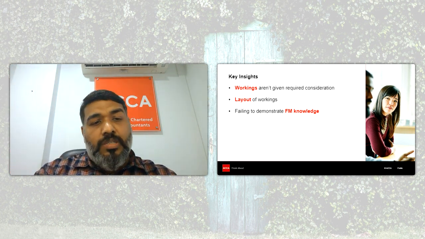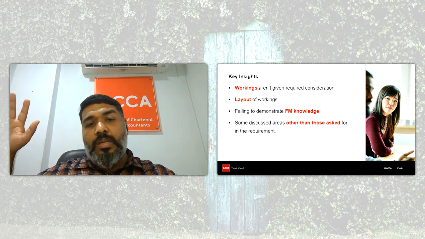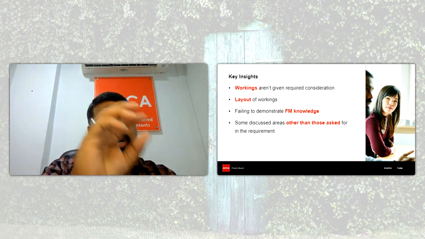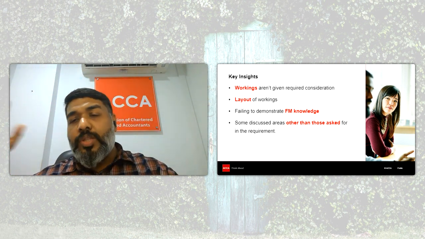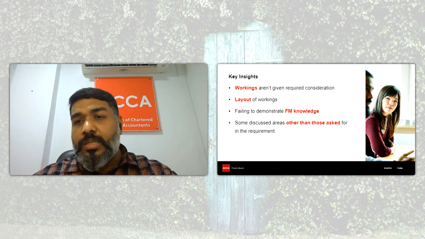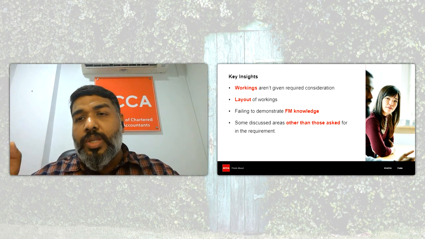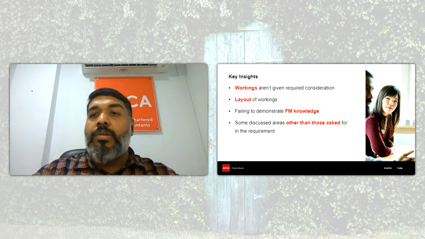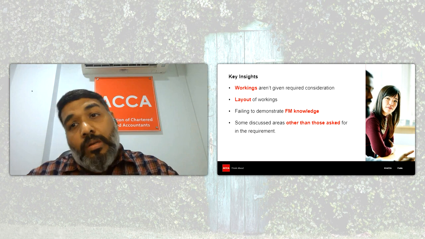If a requirement is to calculate equivalent annual cost for year 2 and year 3, where the life of the project is 3 years, to decide whether we should replace in year 2 or year 3, we've seen candidates calculating equivalent cost even for year 1, which was not required at all.